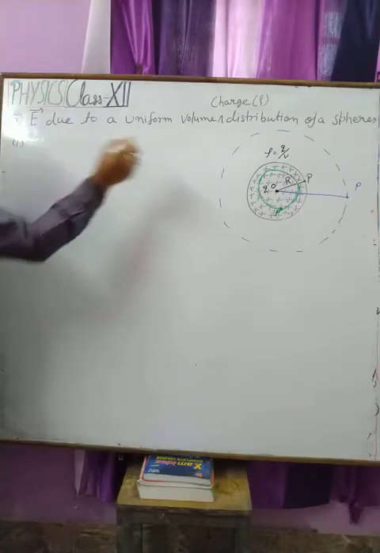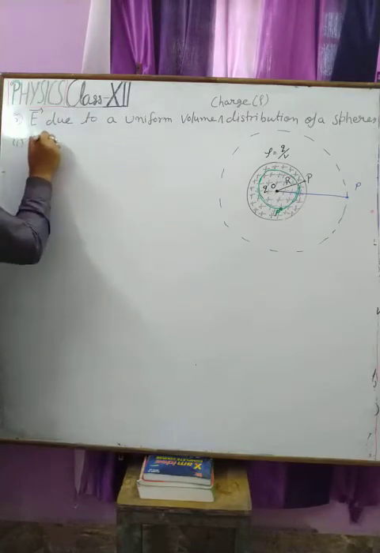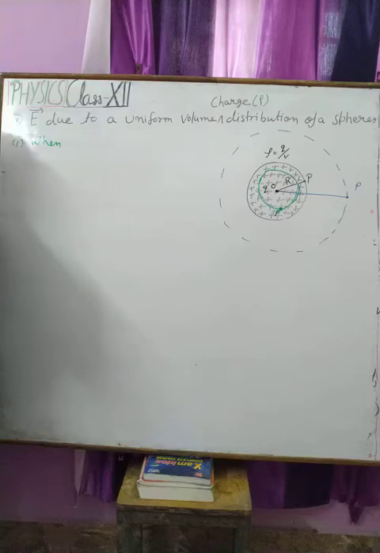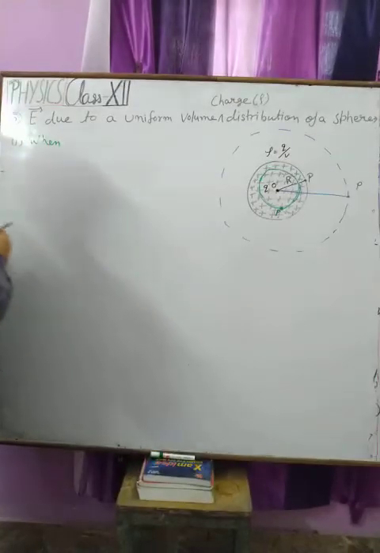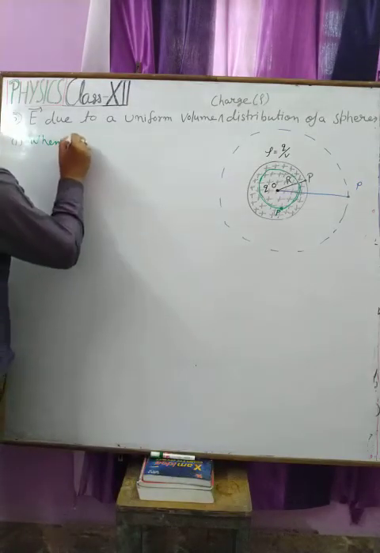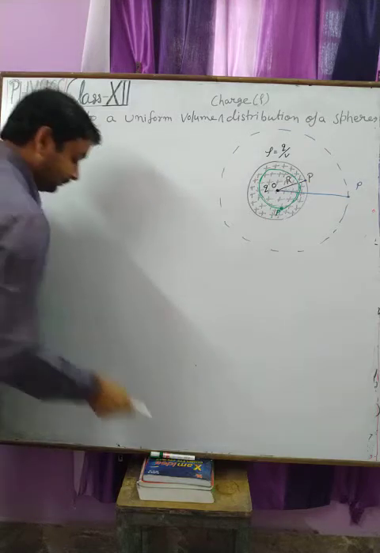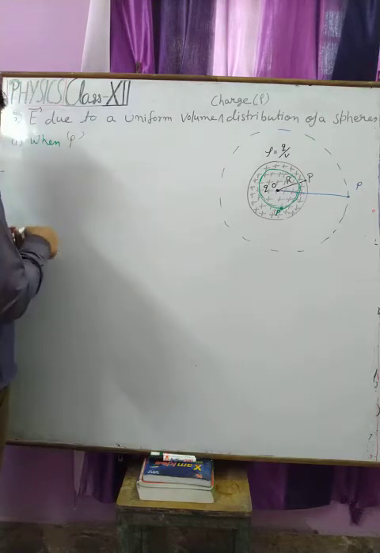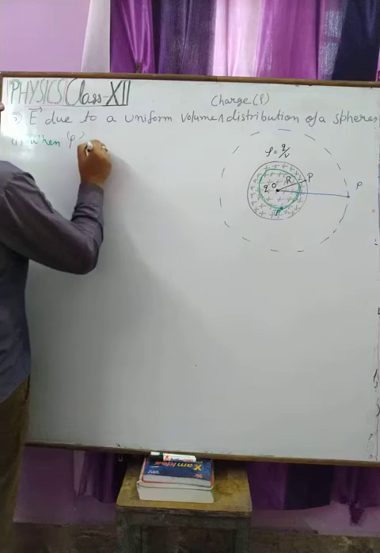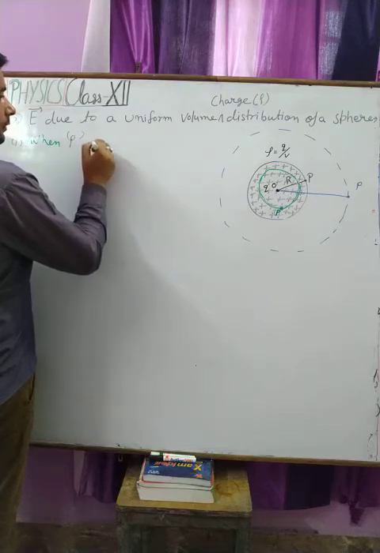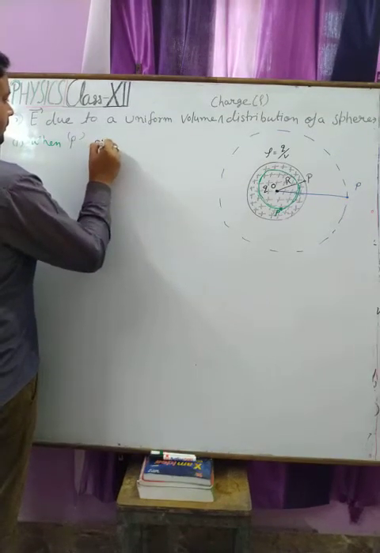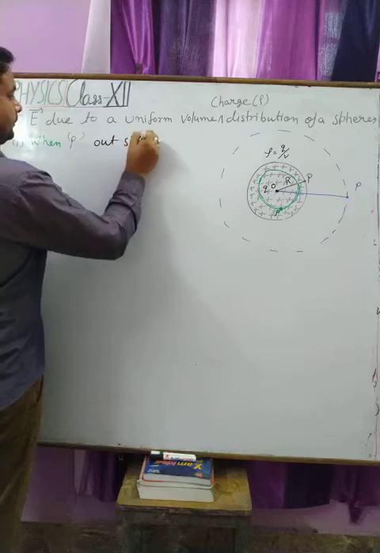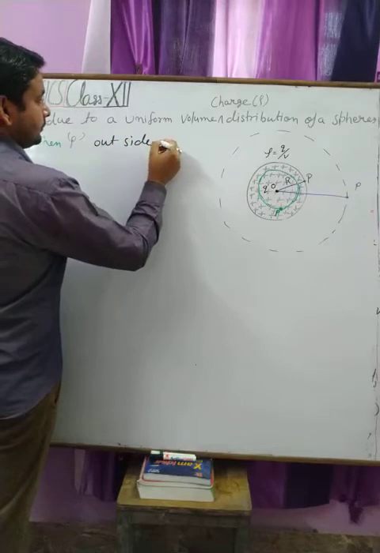So first we calculate the electric field outside the surface, when point P is outside the sphere.